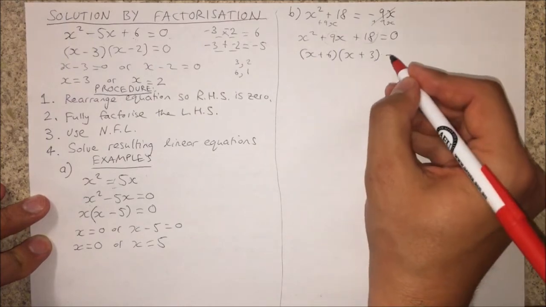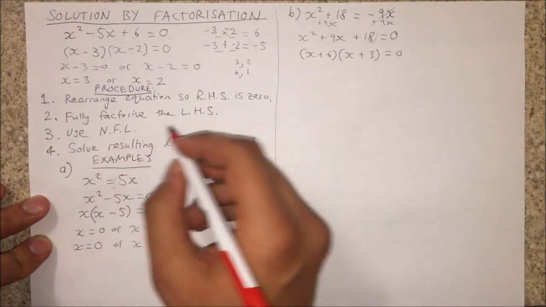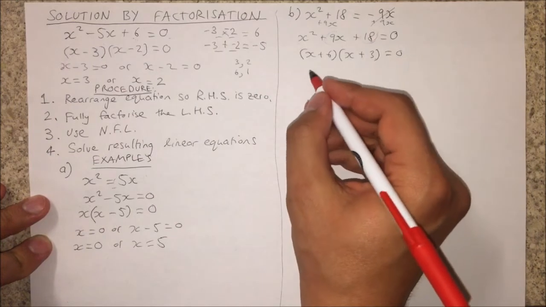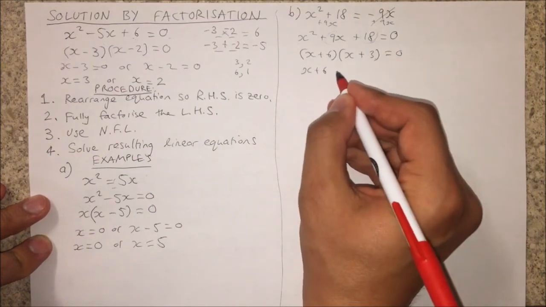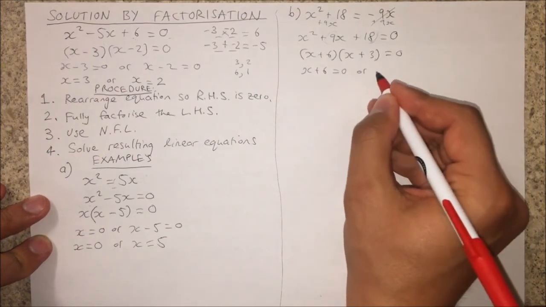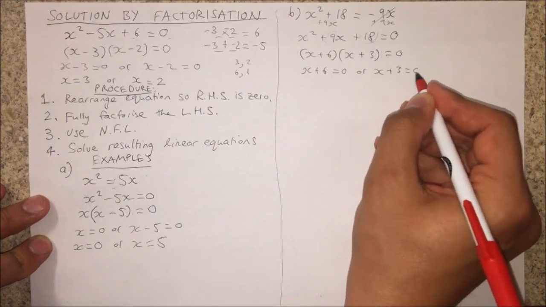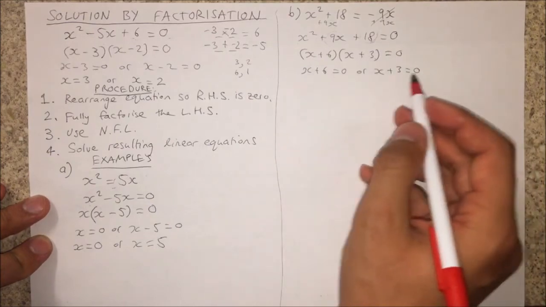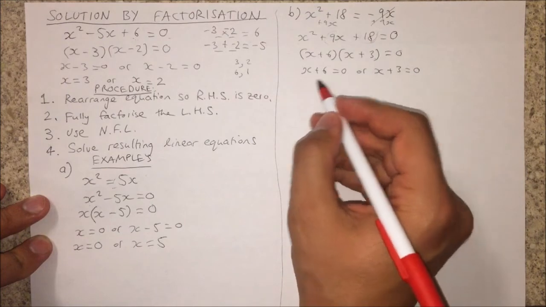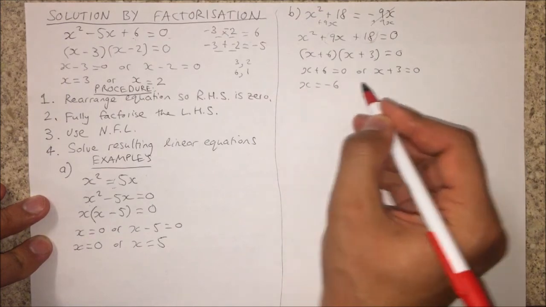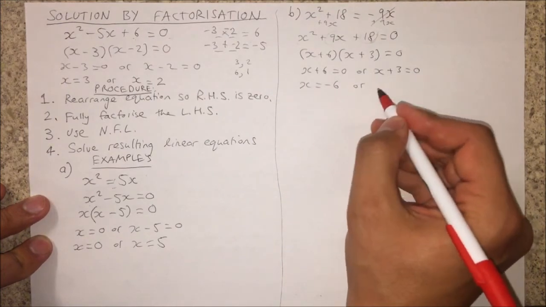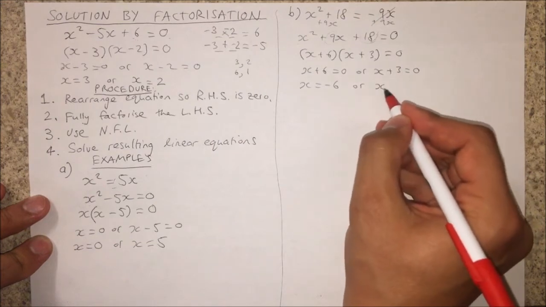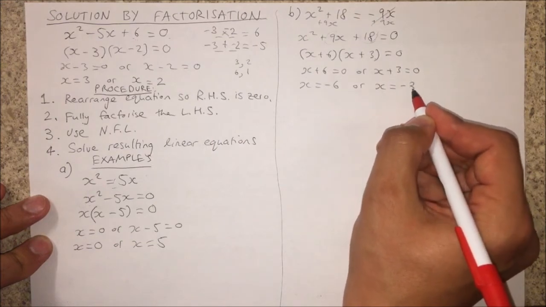So that works well. Then I'm going to use null factor law to write it out as two separate linear equations. So either x plus 6 equals 0 or x plus 3 equals 0. And then solving these two linear equations, so taking 6 from both sides, we're going to get x equals minus 6, or taking 3 from both sides, x equals negative 3.